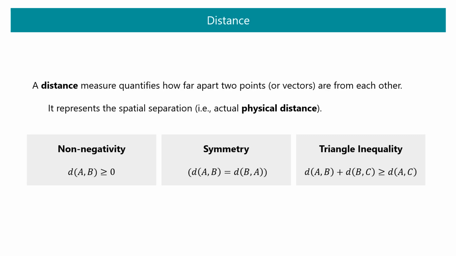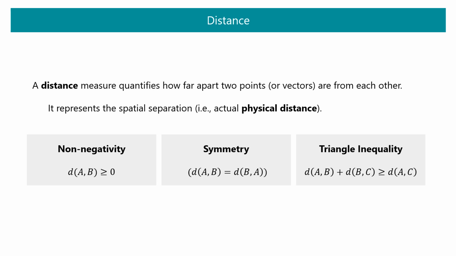To make the difference between distance and similarity clear, let's explore properties of each concept. A distance measure quantifies how far apart two points or two vectors are from each other. It represents a spatial separation, that is, actual physical distance in space. A distance measure possesses the following three properties. The first is non-negativity.